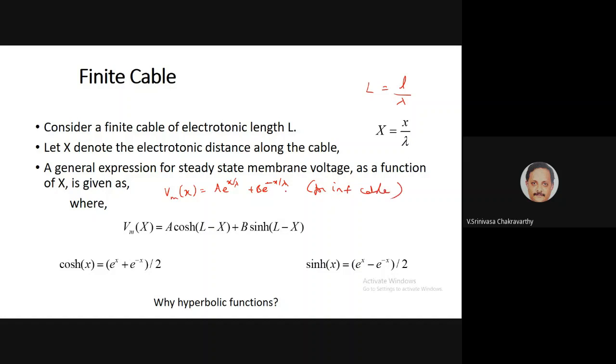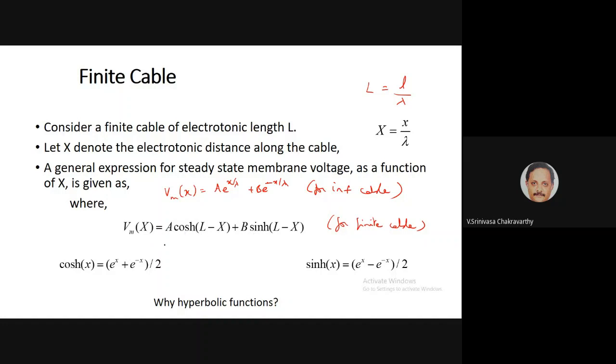So now what we will do is we'll replace this with a new kind of expression, which we'll use for finite cable. Right, we'll define this in terms of the hyperbolic functions cos h and sin h.